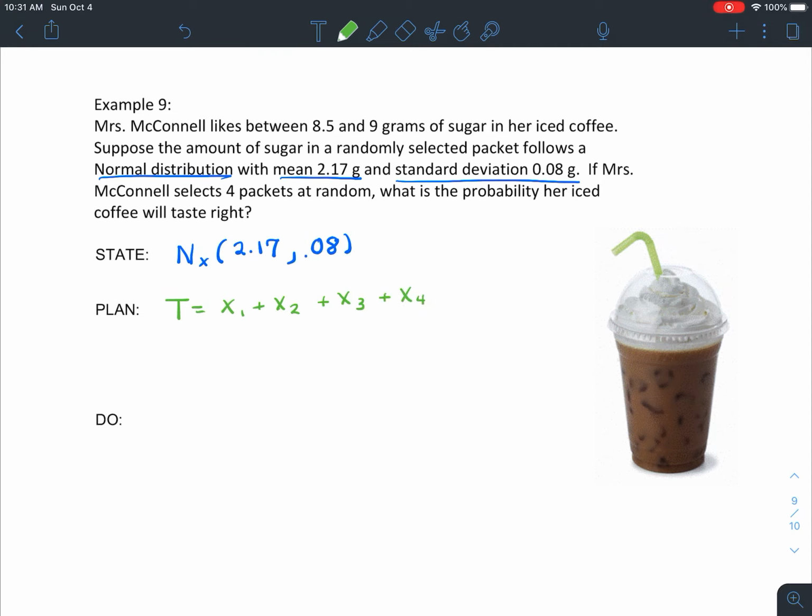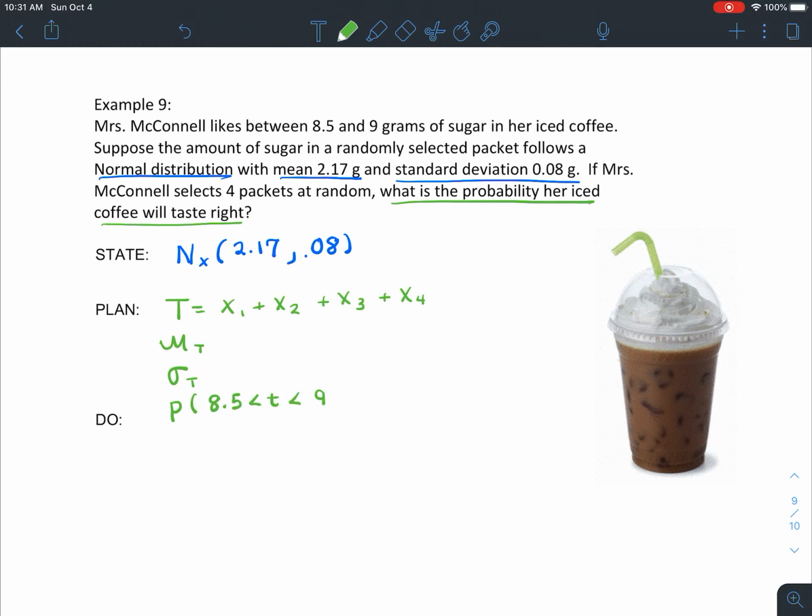In the plan step, we're going to run through what it is that we're trying to accomplish here. If I'm going to be selecting 4 packets of sugar, and of course those are all going to get combined together in my iced coffee, each of those packets of sugar is like a separate trial. So I'm going to be adding that up 4 times, and that's going to create a new random variable. We're going to call that T for the total amount of sugar that I'm going to be putting in my iced coffee.